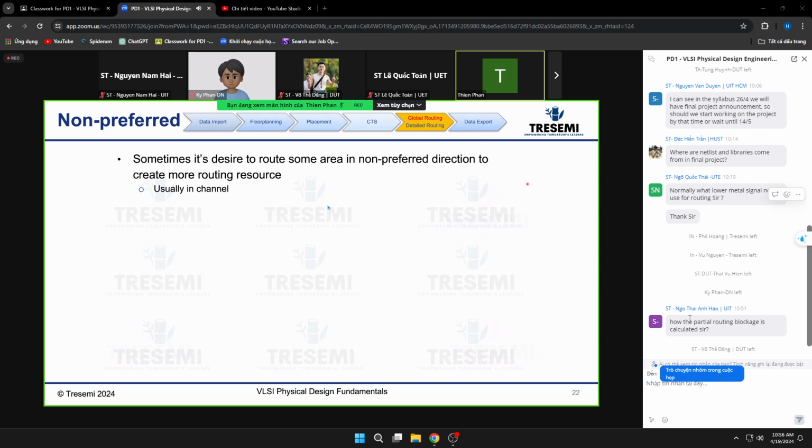So the problem gets harder and harder, right? Because when you get squeezed together, you reduce the RC delay, but at the same time, the chance of creating SI increases.